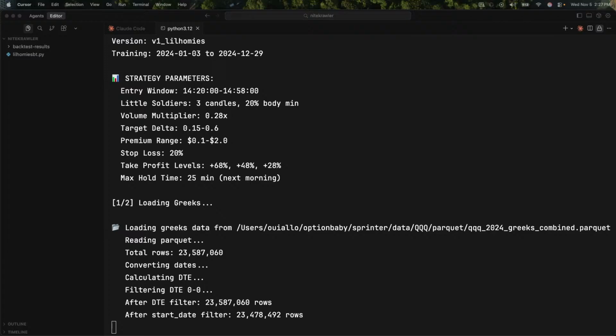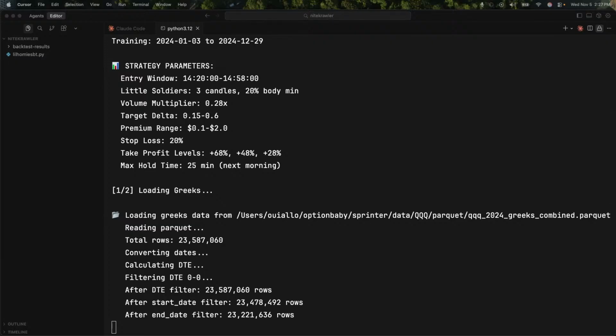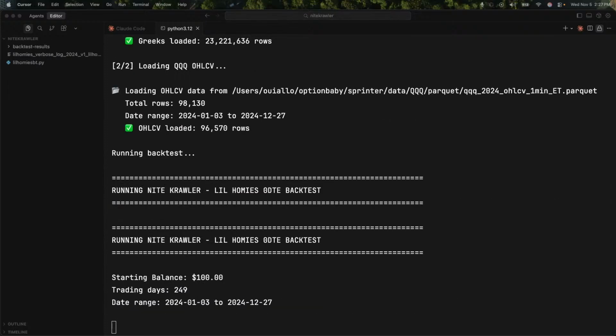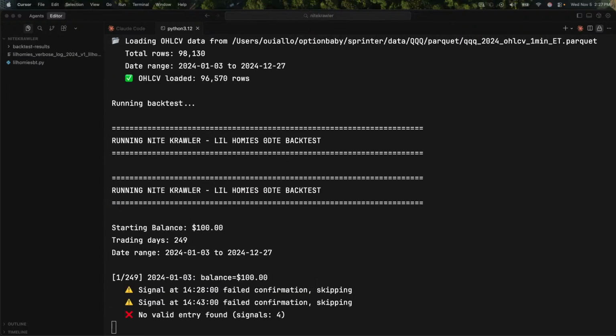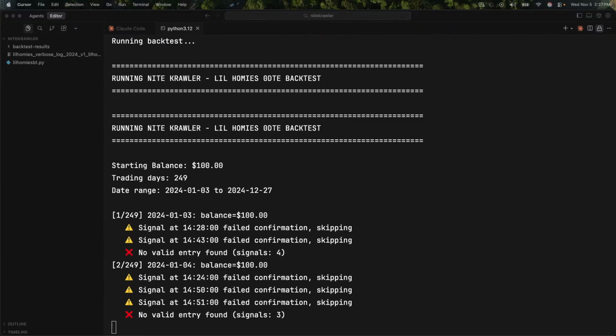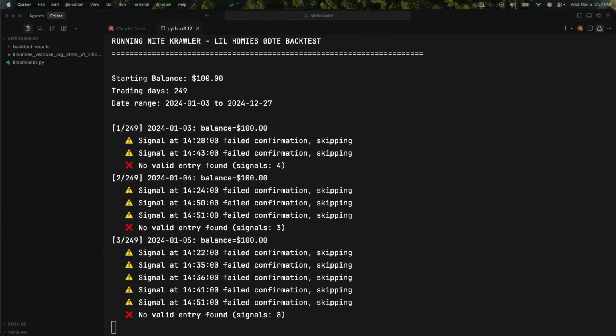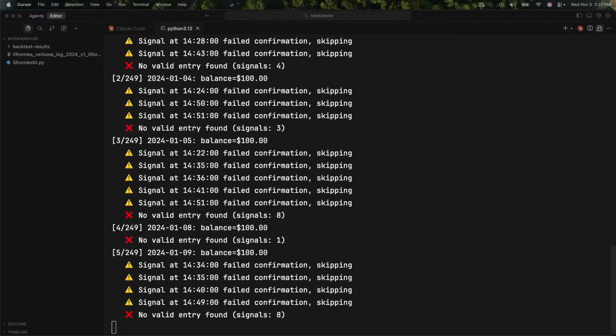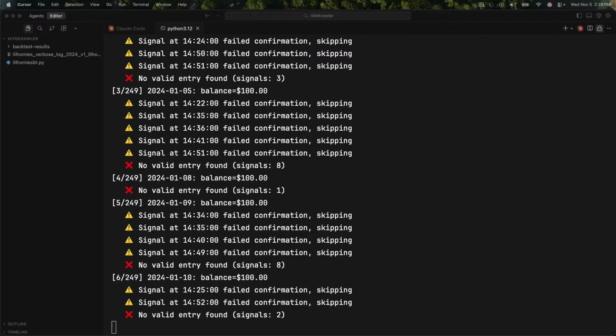Okay, but that's a little facetious. Let's try. Here we go. Boom. All right, backtest is running. Let's see what's good, y'all. You know, I'm keeping it where it's at. Remember, we made the primer just a little bit more aggressive.